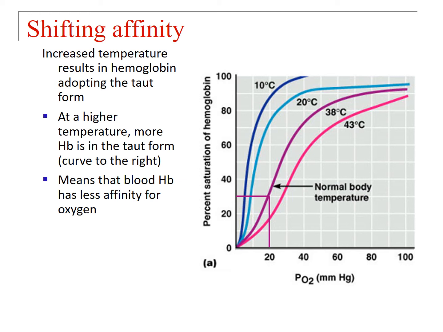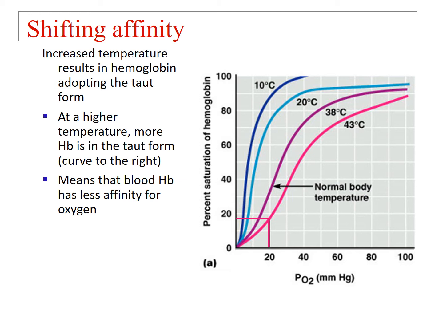Now, if we raise the temperature, at the same partial pressure, you've got less than 20% saturation. So basically, higher body temperature means that more hemoglobin shifts to the taut form, and it means that hemoglobin has less of an ability to pick up oxygen.